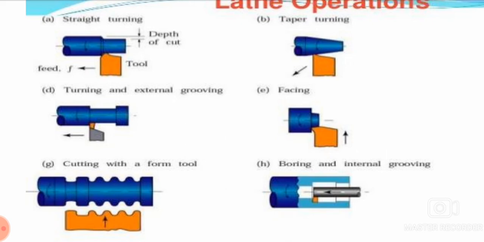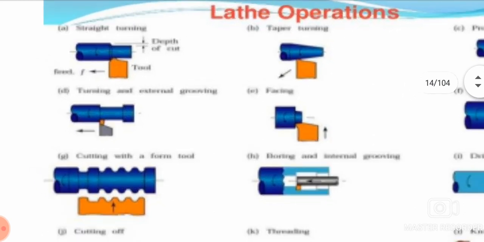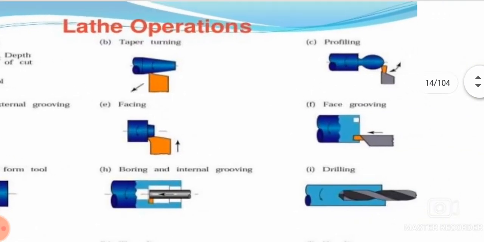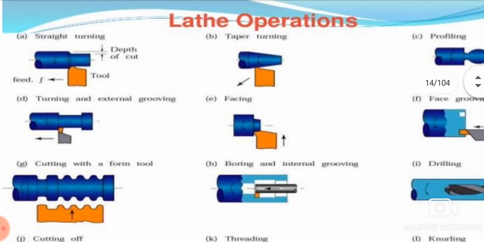Next, B, taper turning. Next, C, profiling. Next, D, turning and external grooving. We have to grade the inside and remove the work material.